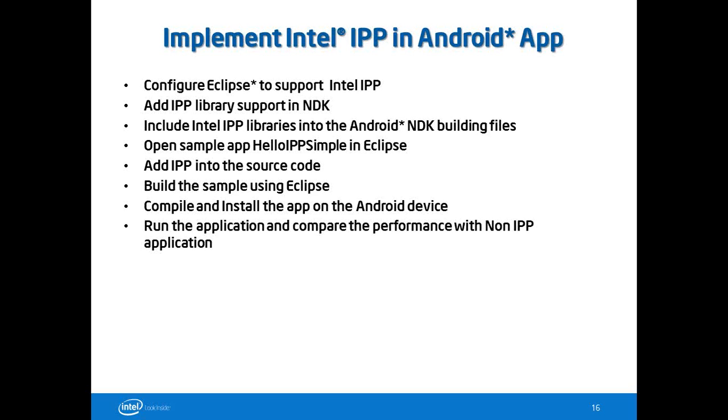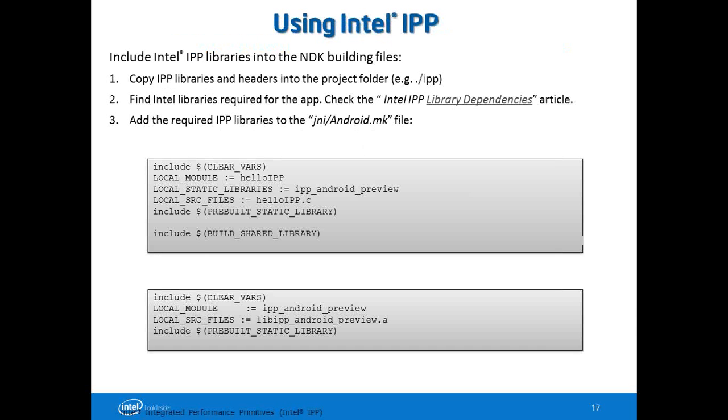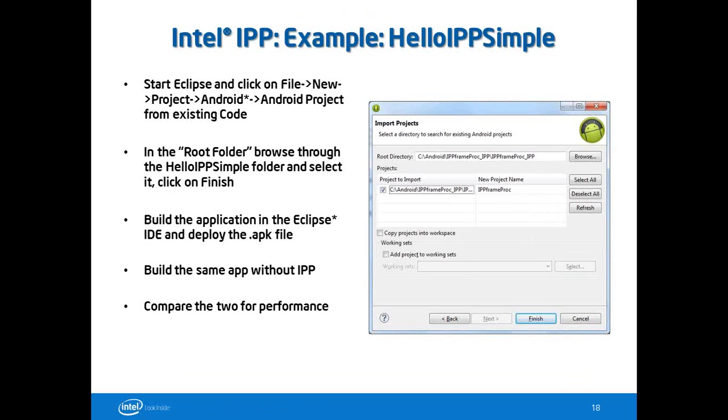And what we have seen from the sample apps that we have ourselves developed, and also with a few of the partners that have used our IPP, is that there is significant performance improvement by using the IPP library. This is again a snapshot of what needs to be done in the android.mk file that I have anyway shown you using Eclipse.